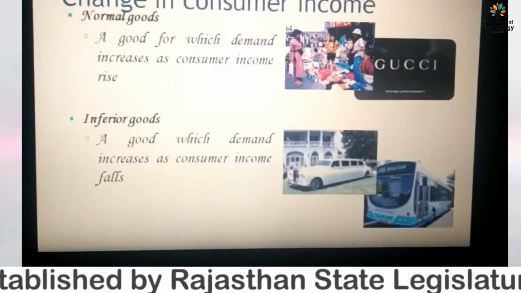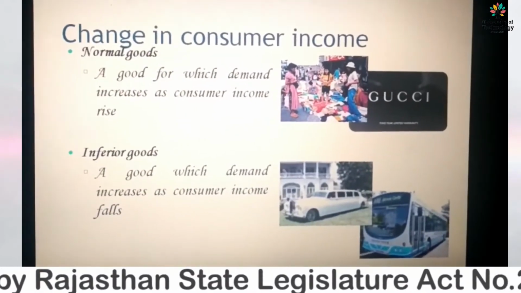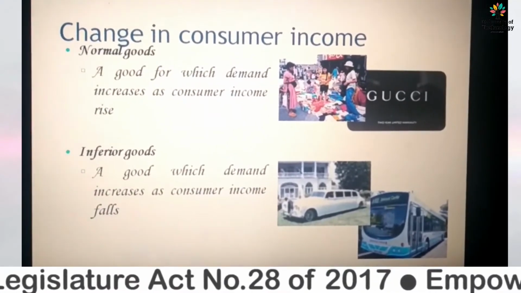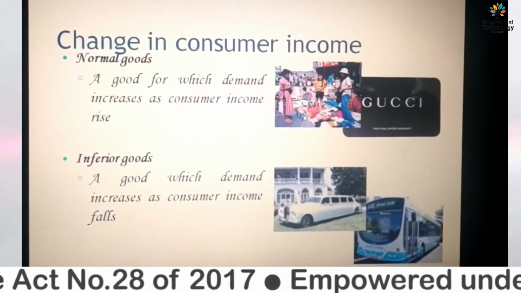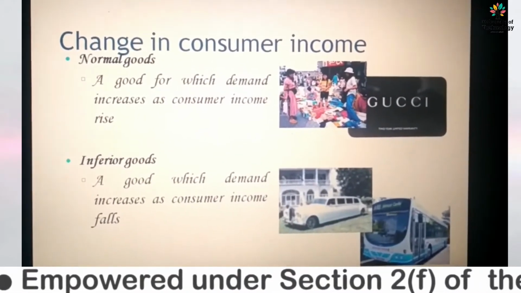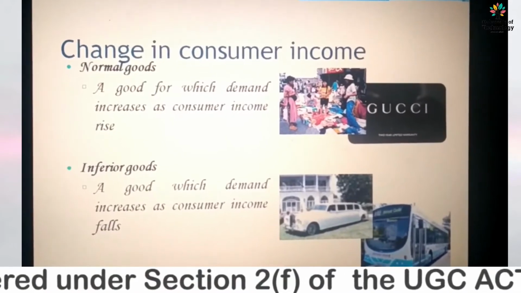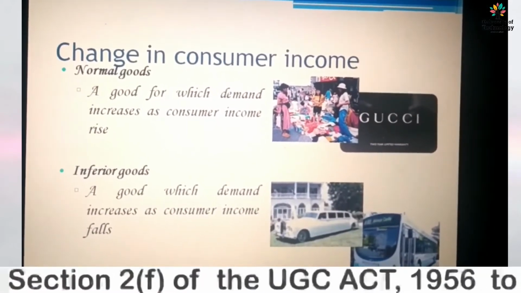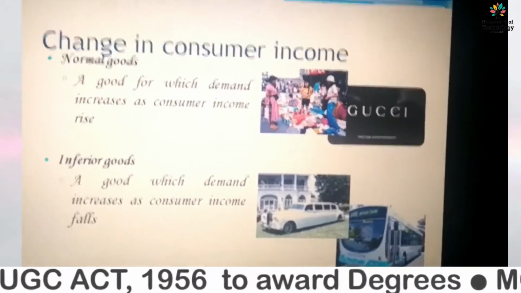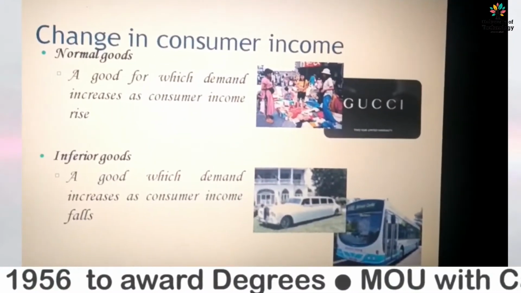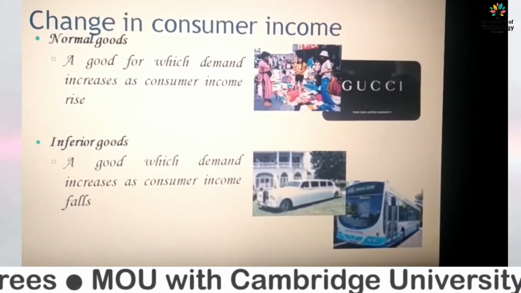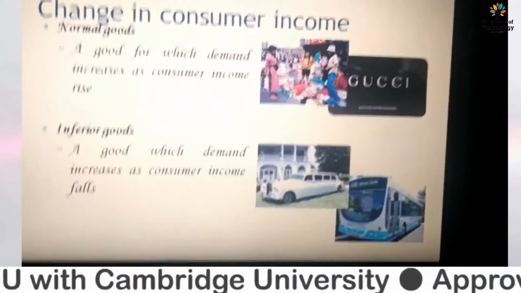If consumer income rises, the demand for that inferior good decreases. For example, bajra is one example of an inferior good. If consumer income increases, the consumption of bajra will decrease, right?